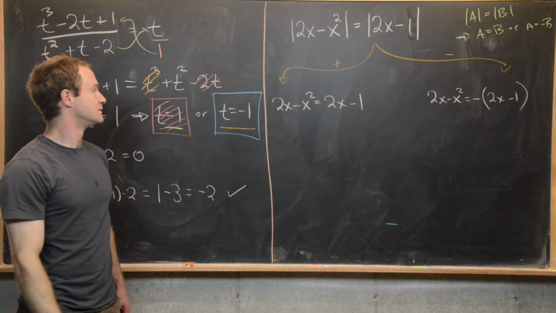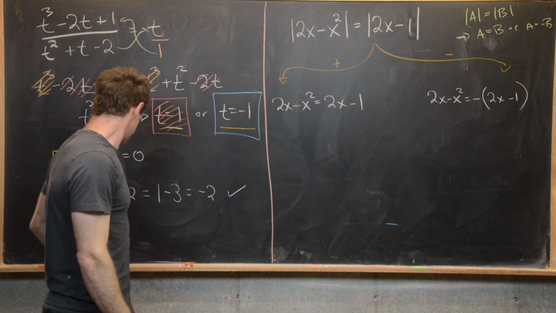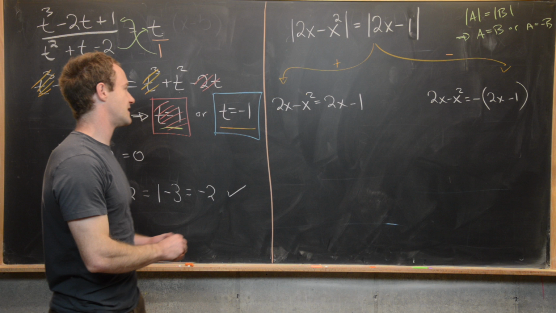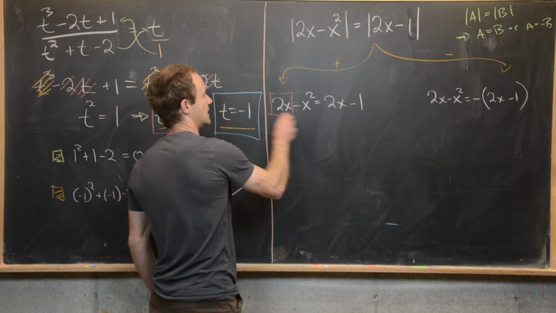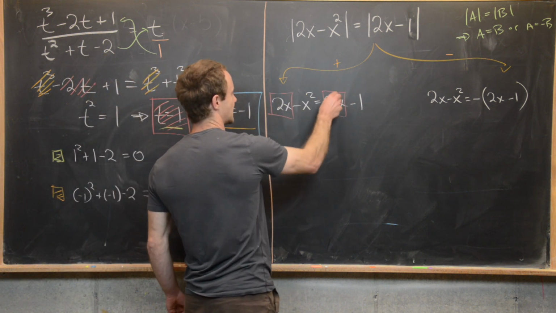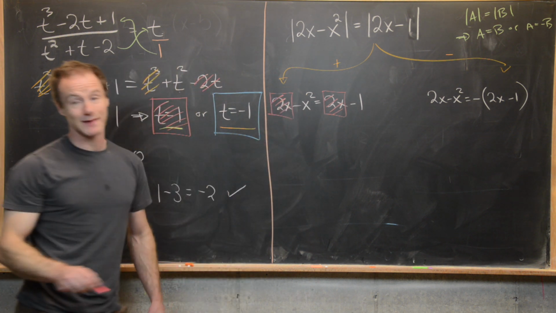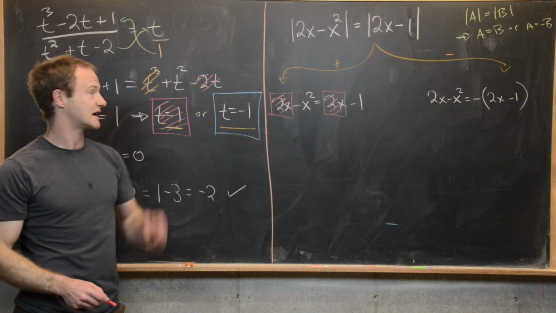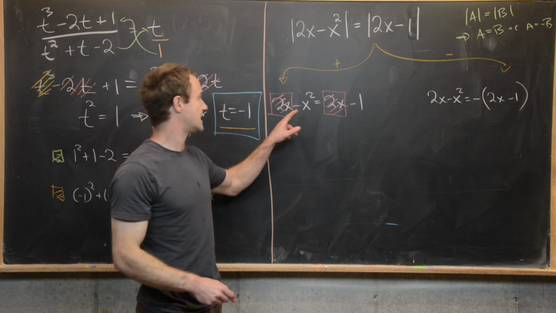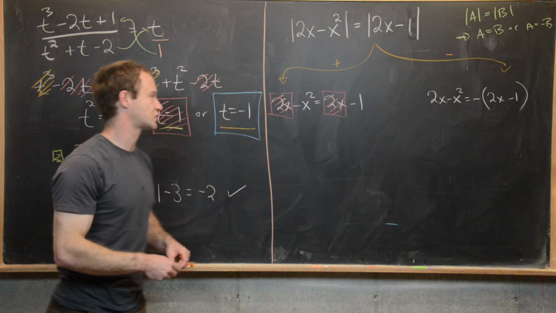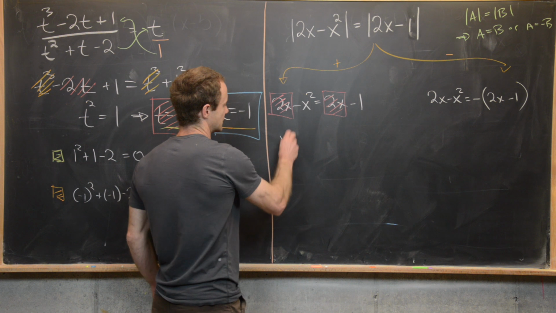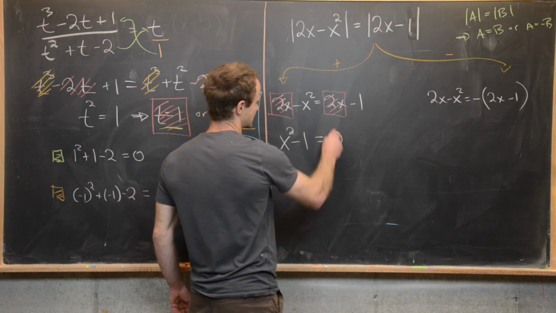Okay, good. So now let's go ahead and simplify this one. Notice to simplify this one, we can cancel the 2x on each side because they have the same coefficient, just by subtracting 2x from both sides. Then maybe we can move this x squared over, and that's going to reduce this to the equation x squared minus 1 equals 0.